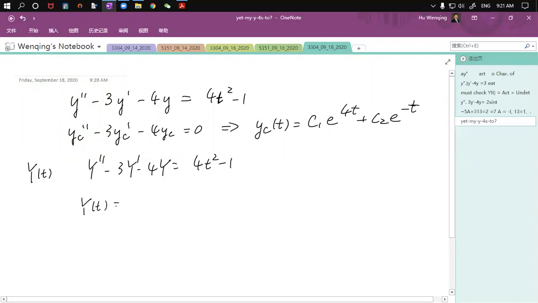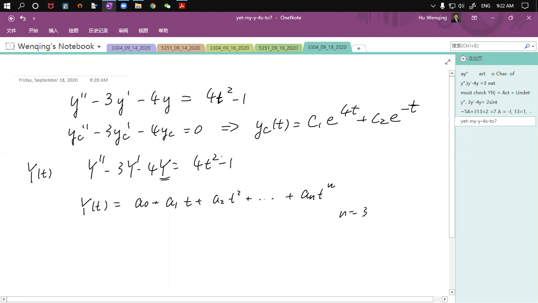So we try a polynomial, which takes the form a0 plus a1 t plus a2 t squared plus dot dot dot plus an t to the power of n. Is that good? That's a polynomial. Now, what kind of polynomial should you try? Remember there is a 4 times y here. If n is equal to 3, you're not going to reach a second order polynomial.